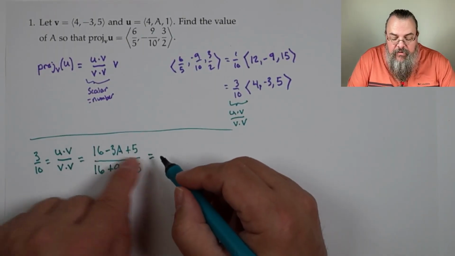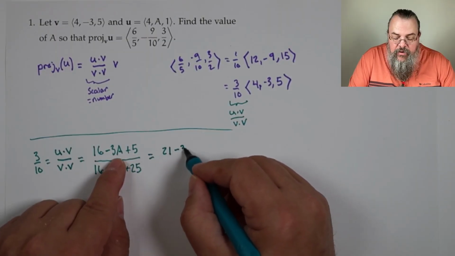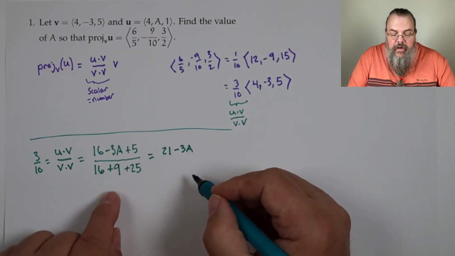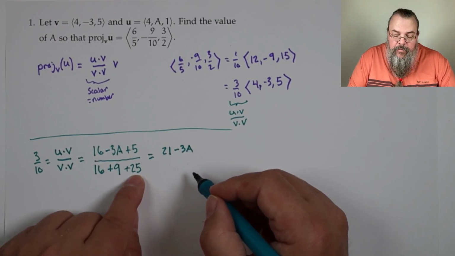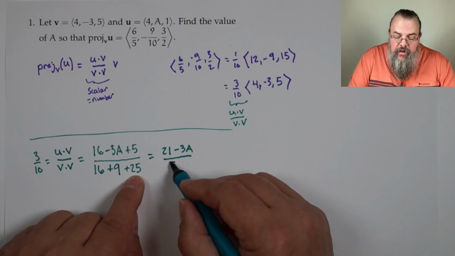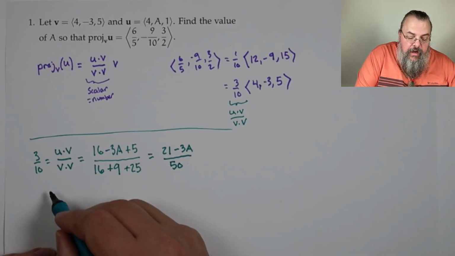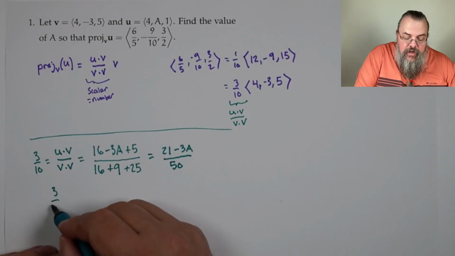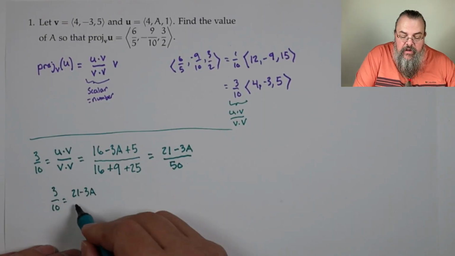Okay, 16 plus 5 makes 21. Then we're going to subtract 3A. And here, 16 plus 9 is 25. Plus 25 makes 50. Okay, 50. All right, so we now have 3 over 10 is equal to 21 minus 3A over 50.